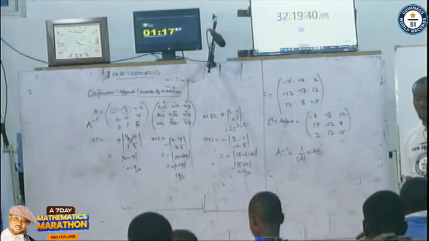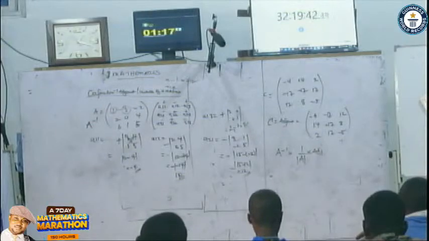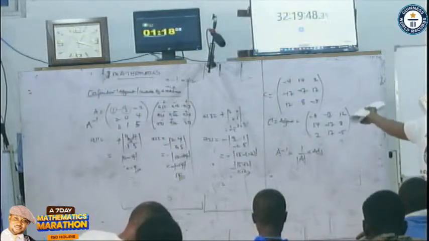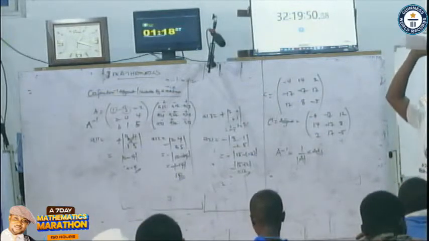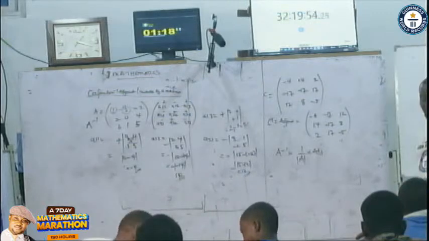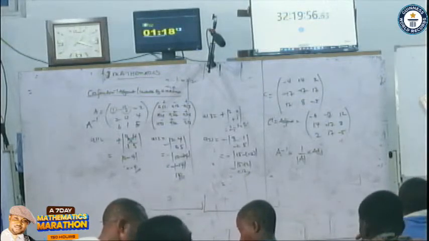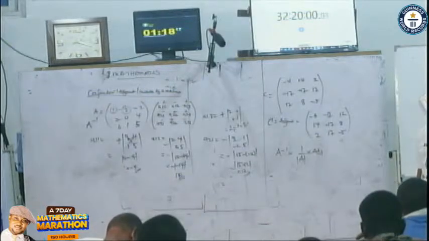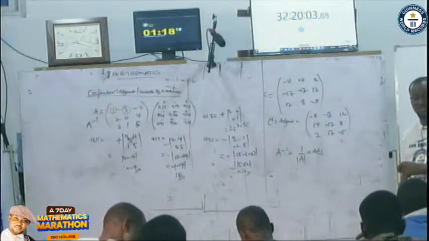The transpose gives us the adjoint. Transpose of a cofactor gives us the adjoint. 1 over determinant times adjoint gives us the inverse.